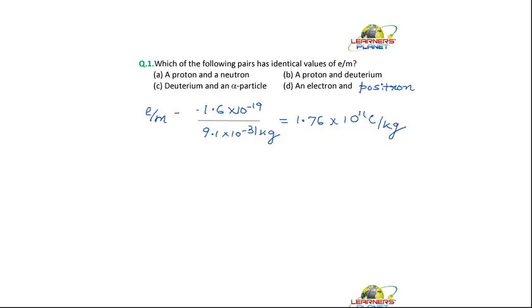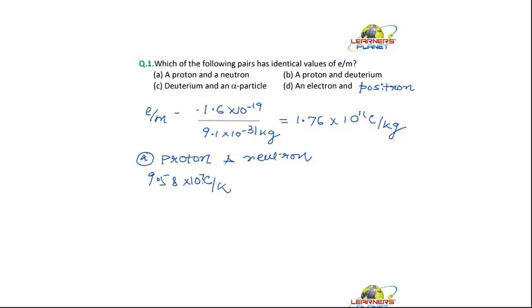Let's take the first one, that is option A, proton and neutron. Now proton has one charge and its e by m ratio comes out to be 9.58 into 10 to the power 7 coulombs per kg.